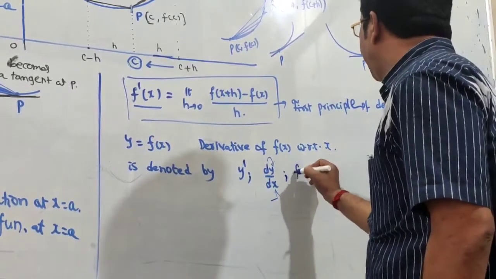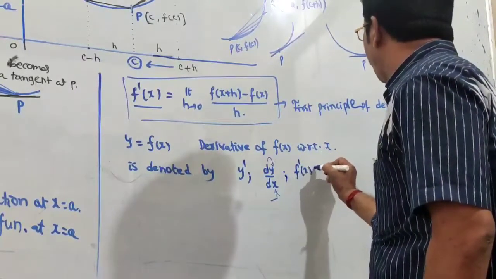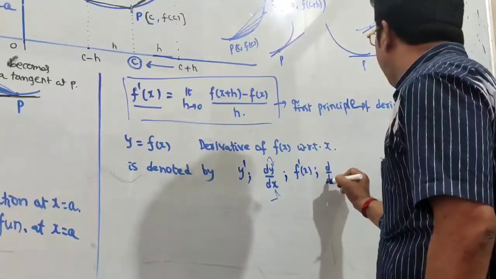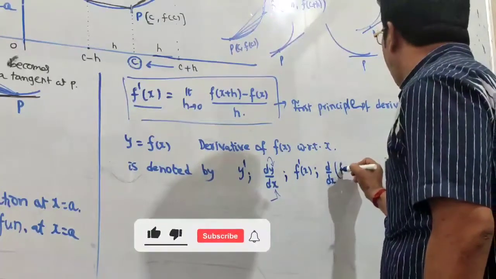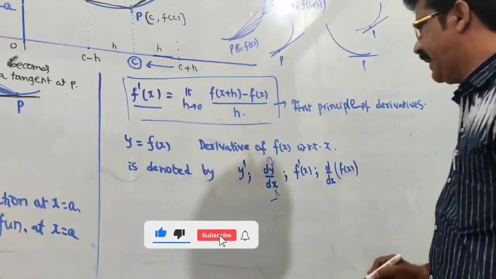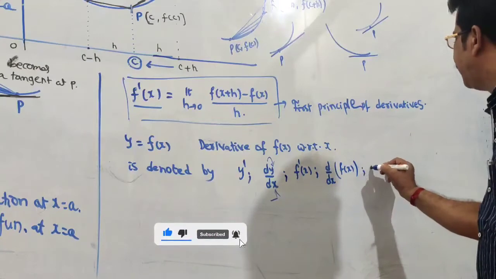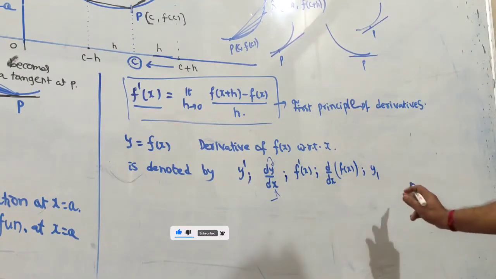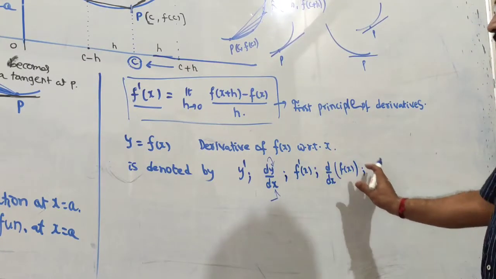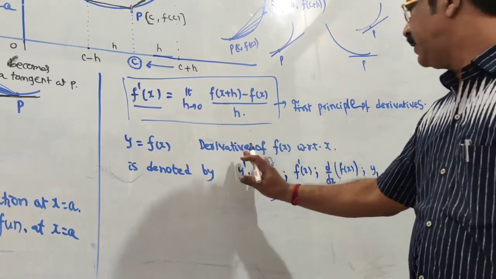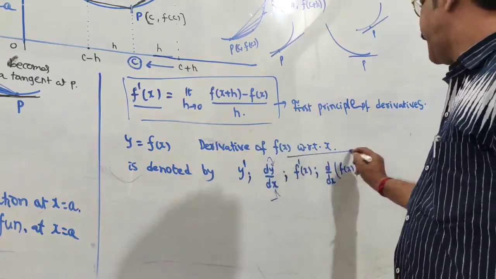Or simply f dash of x or d by dx of f of x. Or we can write y suffix 1. These are the beautiful notations for the derivative of f of x with respect to x.